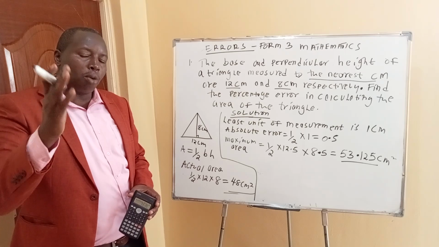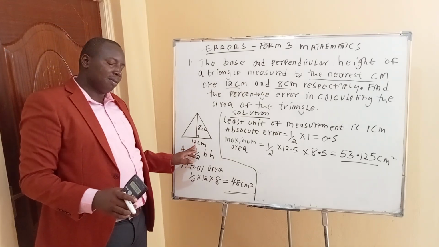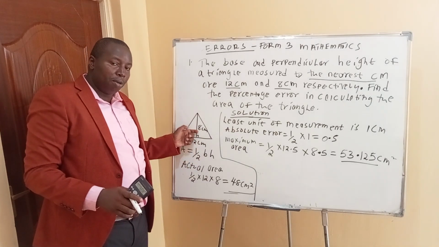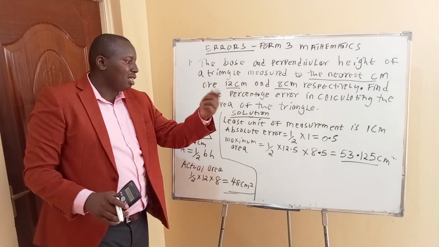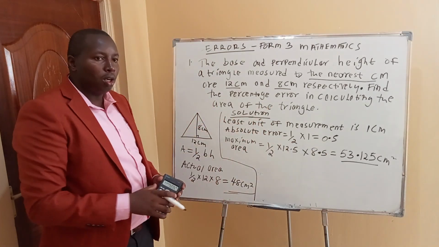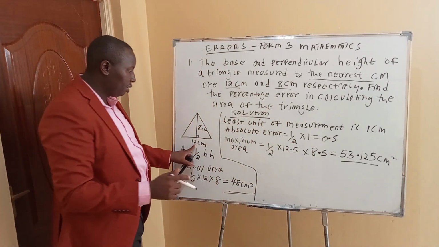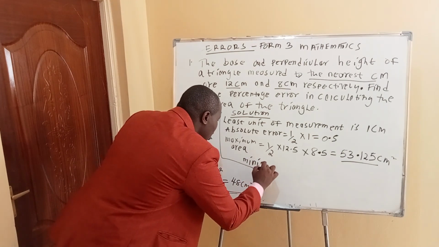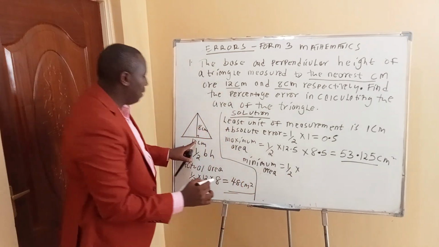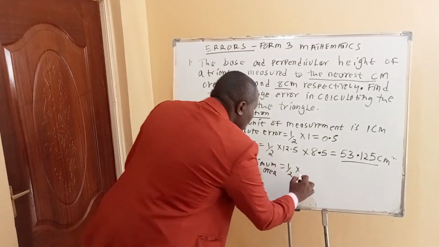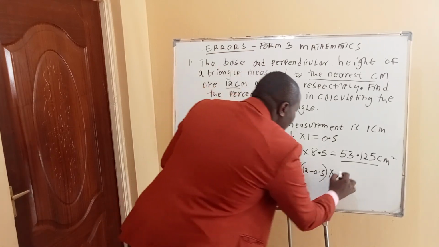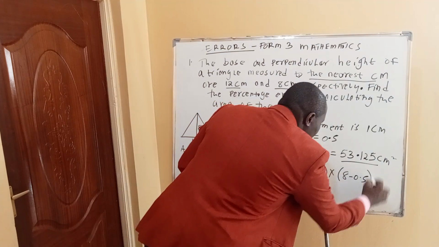Then you go to minimum. For the minimum, you take the individual measurements, the base and the height, which are measured to the nearest 1 centimeter, so the absolute error is 0.5. Therefore, for minimum, you subtract 0.5. So the minimum area will be equal to a half times 12 minus 0.5 times 8 minus 0.5.